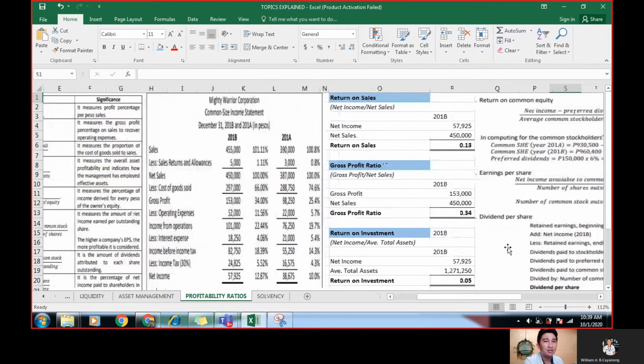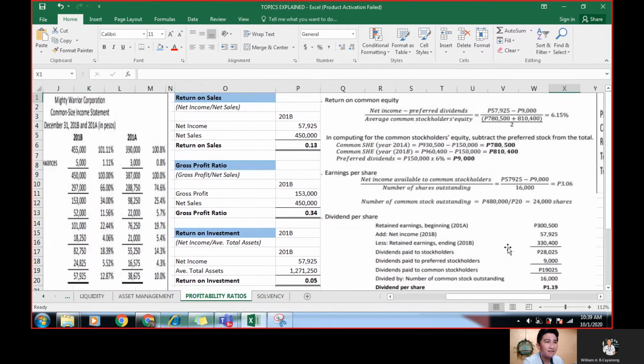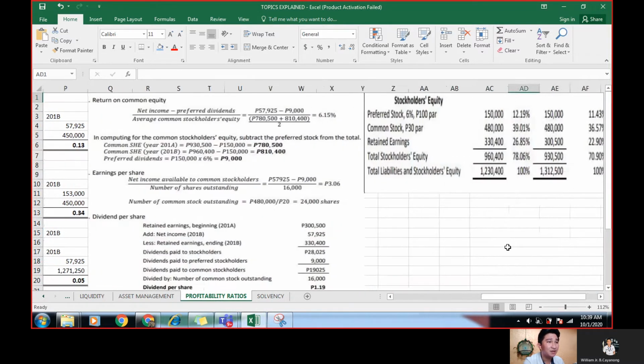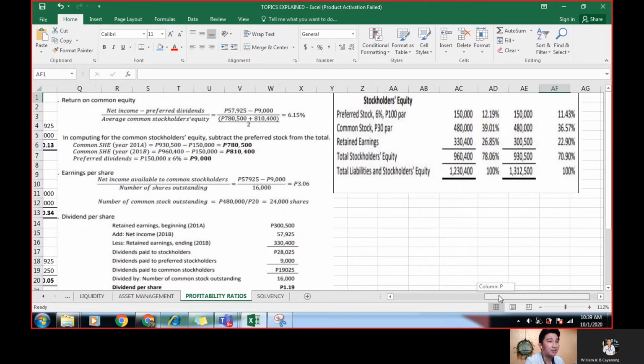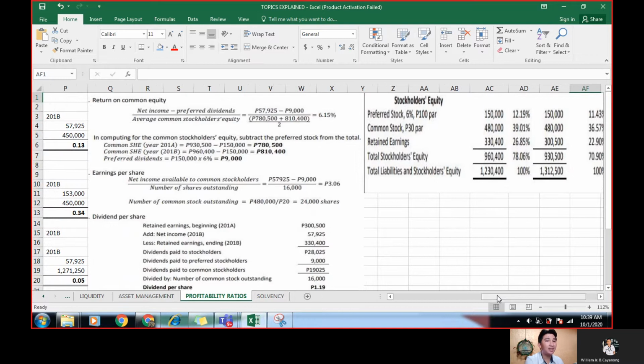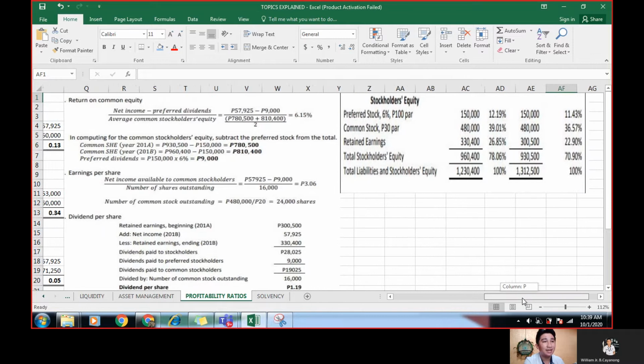Let us now proceed to the return on equity. So we have already the answer for return on equity. All we have to do is to explain it and alamin natin kung bakit. Okay, so we have here the data for the shareholders equity section of your balance sheet.